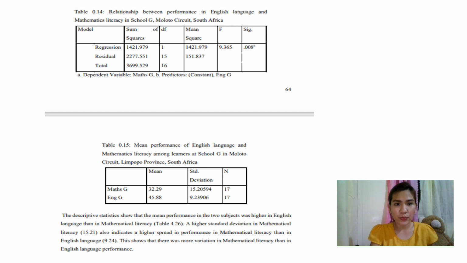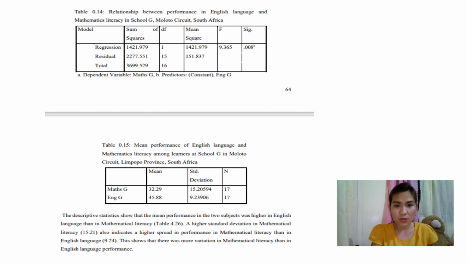Table 4.15: Mean Performance of English Language and Mathematics Literacy among learners at School G in Muluto Circuit, Limpopo Province, South Africa. The descriptive statistics show that the mean performance in the two subjects was higher in English language than in mathematics literacy, as shown in Table 4.6.